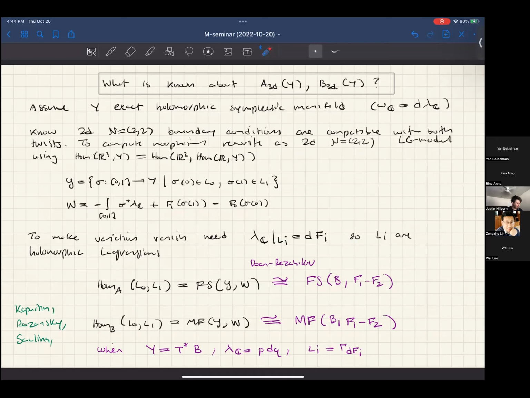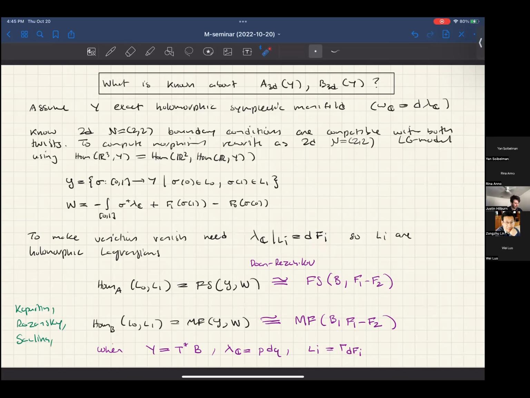And if you look closely at what happens when you do this, things work exactly like when you're studying the ordinary symplectic action functional. You find that in order to study the variation of W, you need the complex Liouville 1-form restricted to each of your L0 and L1 to be d of phi_i, these functions that I've added.